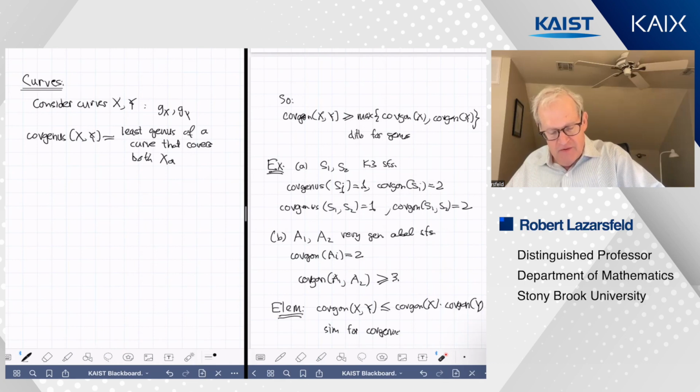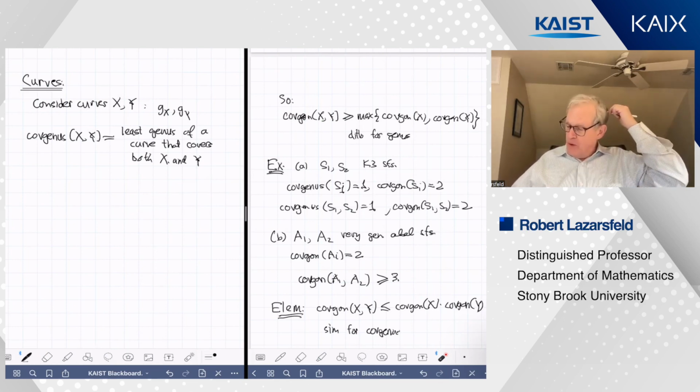Given two curves, I'm asking just the very concrete question, what's the least genus of a curve that covers both of them?